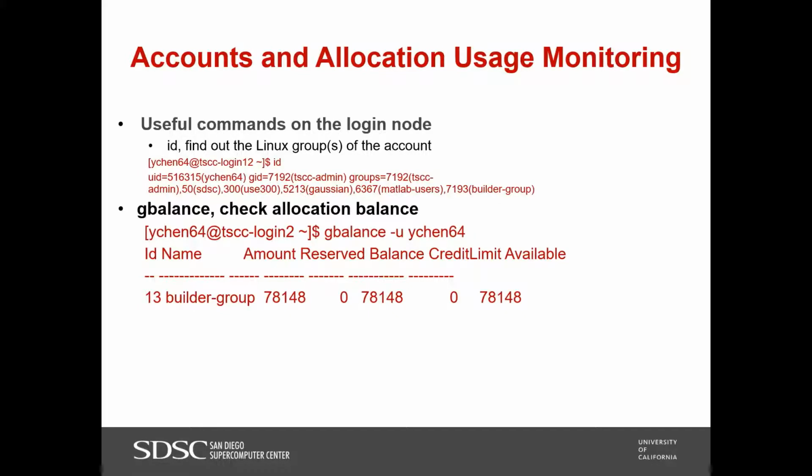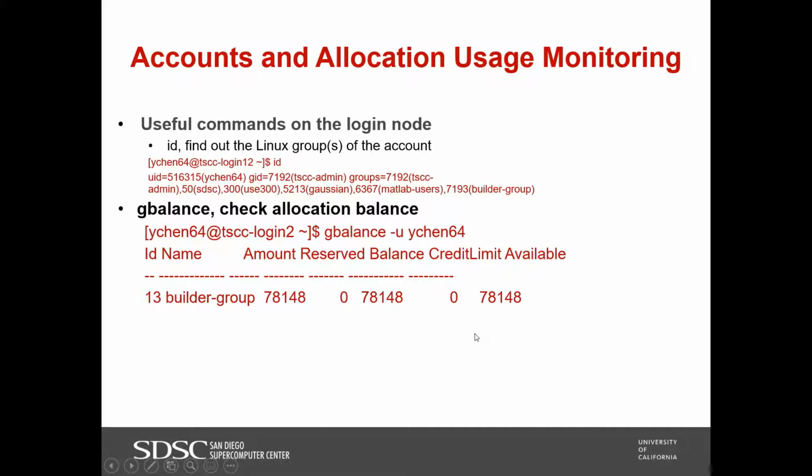So what I can get from the output: the first is the name of my allocation, which is called builder-group, and how many SUs are there in my allocation. It's like 78,000 SUs currently available in my allocation.